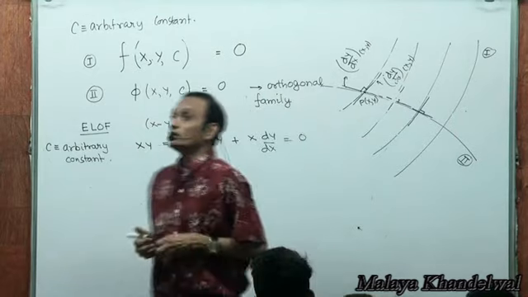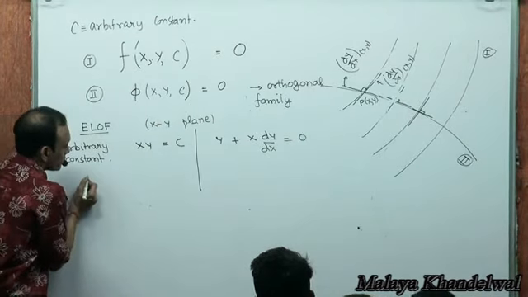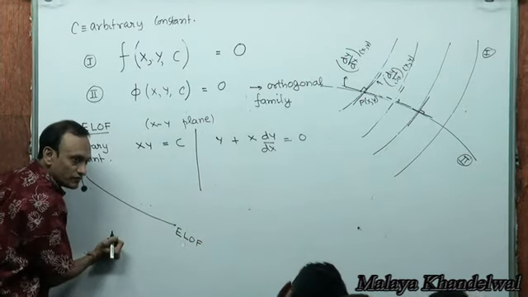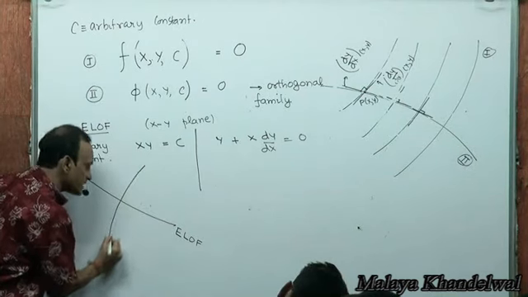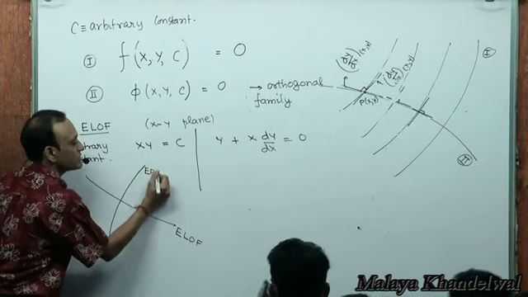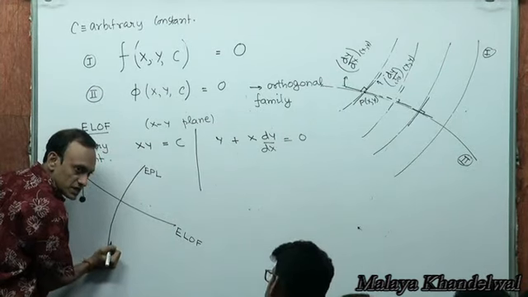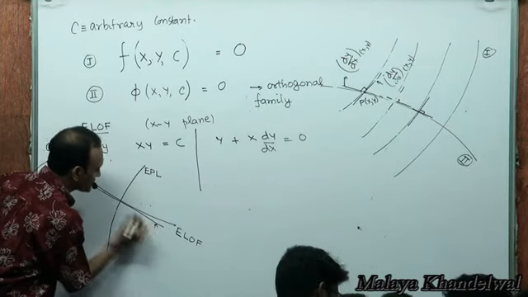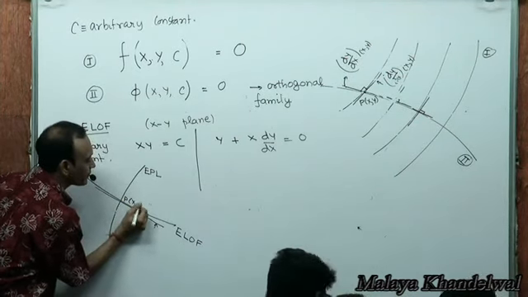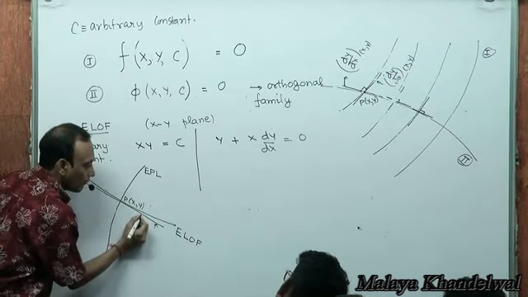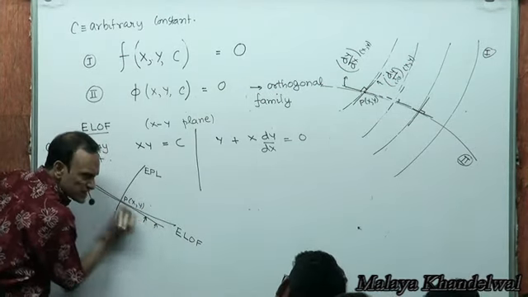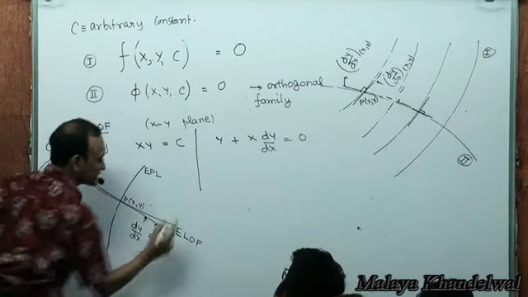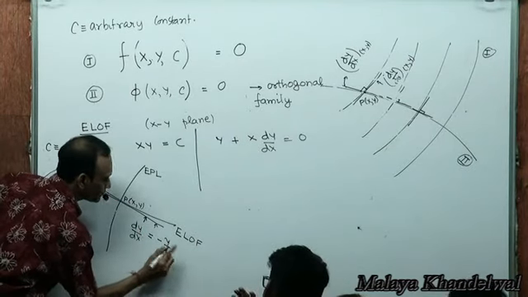Now, look, if this is a sample electric line of force in this region, and this is an equipotential line in the same region, then what would dy dx be at this point P, x comma y, right? What's dy dx for the electric line of force? The dy dx for the electric line of force at this point is minus y by x, right?